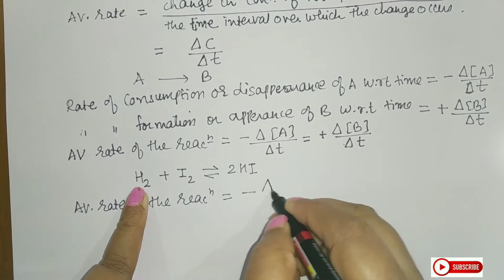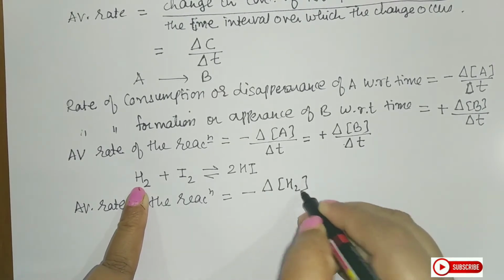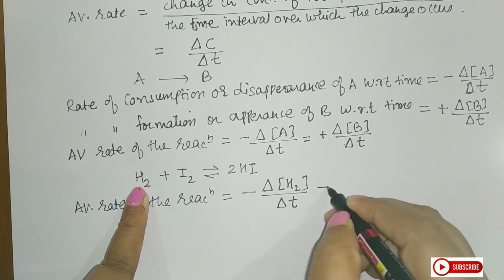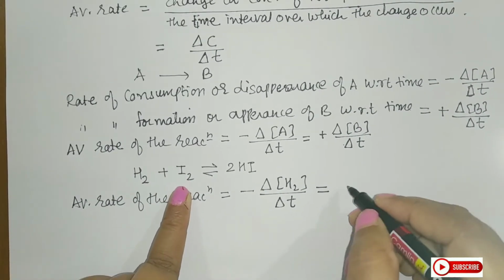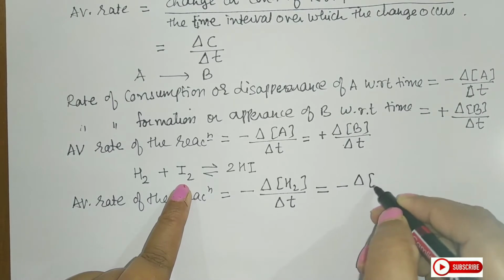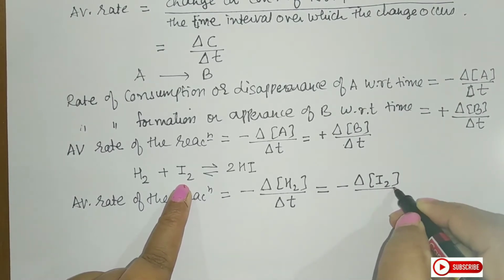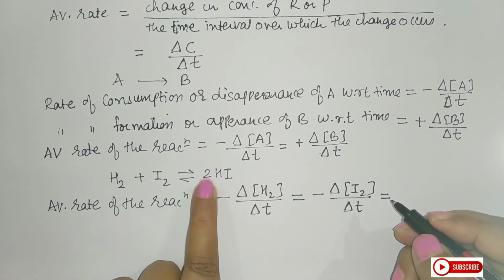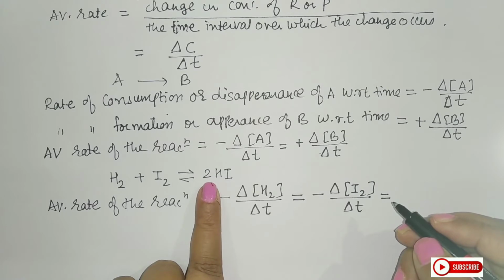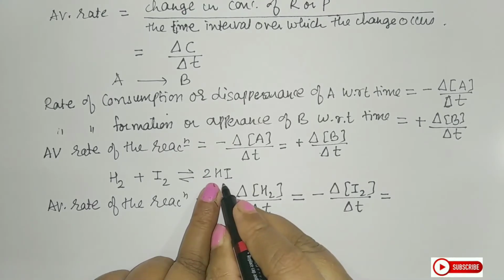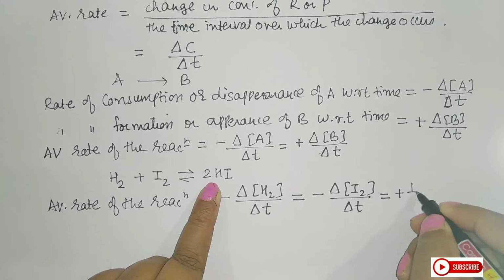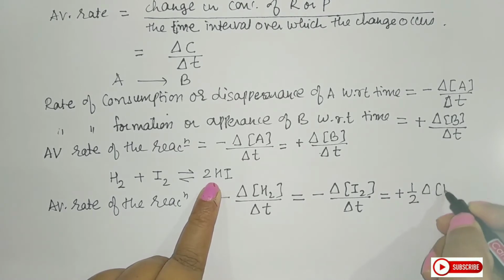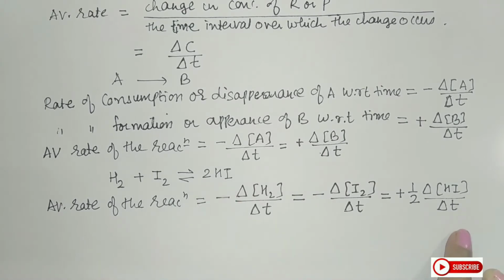So minus delta H2 by delta T is equal to, this is also a reactant, so minus delta I2 upon delta T is equal to. Now students, why we are writing this and how we are writing this, please refer to the previous video. This is getting formed, so it will be plus half delta HI by delta T. So this is how I will write for the reaction. So I have written the average rate.